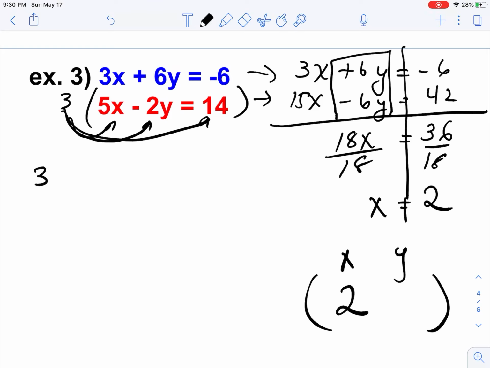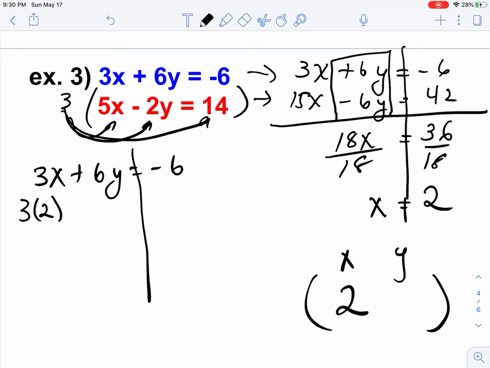I like the top equation again. So let's use 3x plus 6y equals negative 6. Again, it doesn't matter. You could use either one. Just do your work carefully and correctly, and you'll be fine either way. Okay, so 2 times 3, that makes 6. Plus 6y equals negative 6.